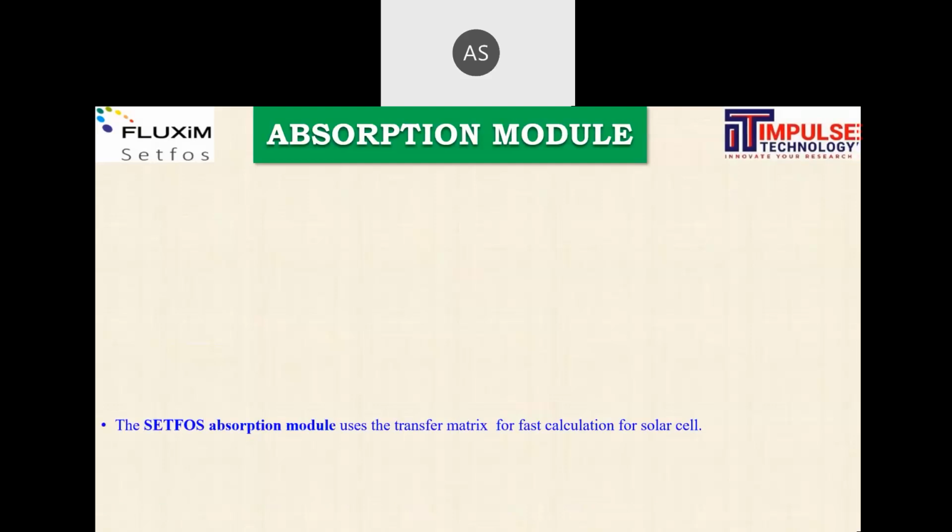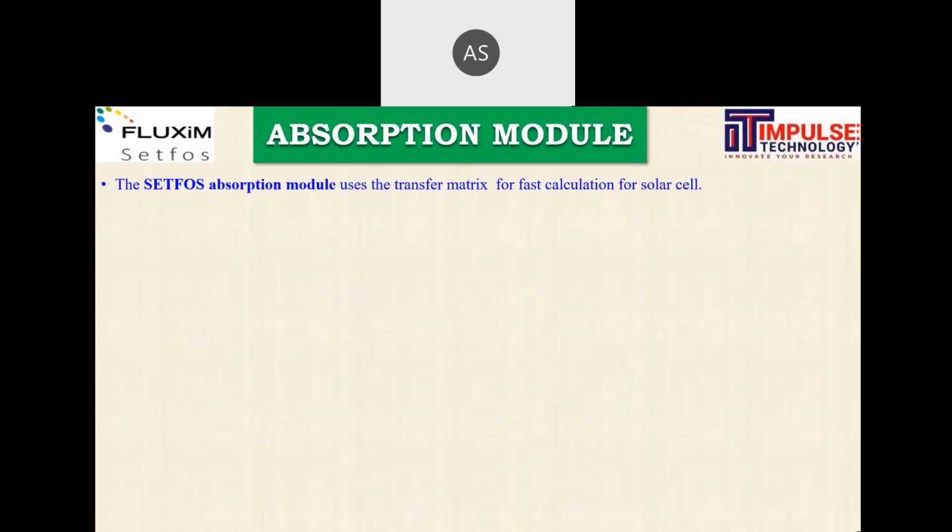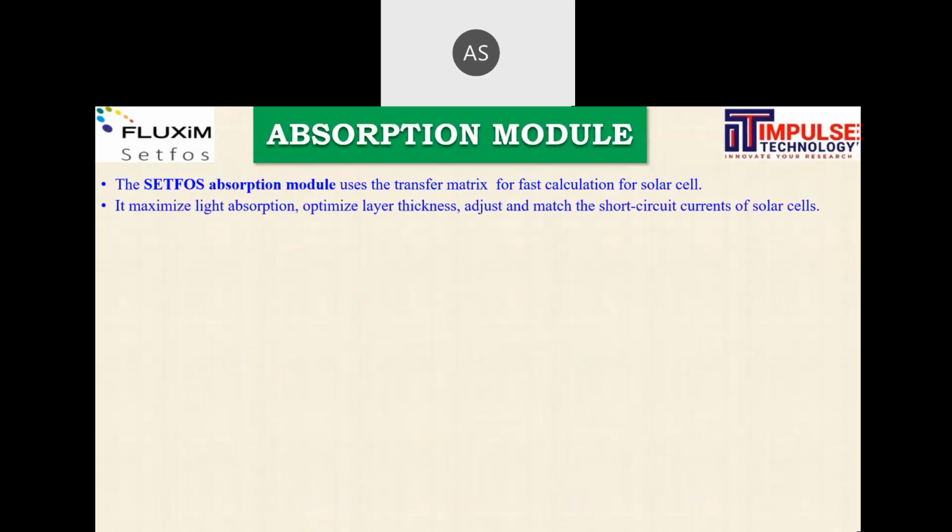Now, after this drift diffusion, there is a module called absorption. The absorption module is basically for optical property calculations, where you can put the sun spectrum; air mass 0 and air mass 1.5 spectra are specified using the absorption module. It uses the transfer matrix for fast calculations.